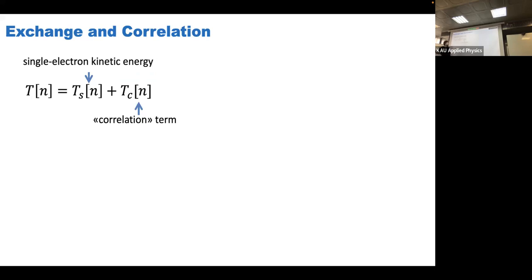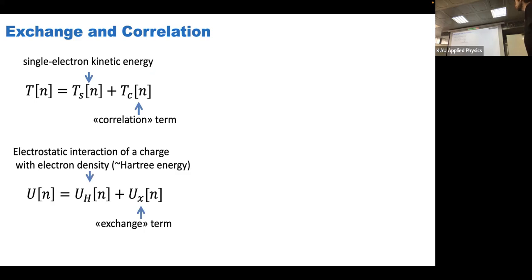The correlation term arises from Coulomb interactions between these single particles. We divide the real-world kinetic energy functional into two functionals, just to calculate it: single-electron and some other things.